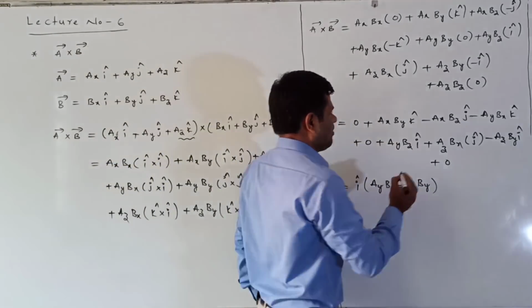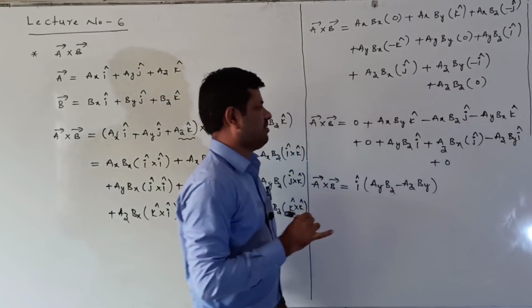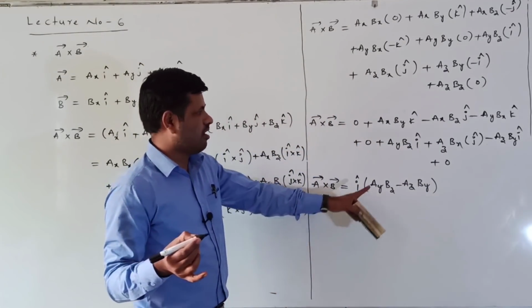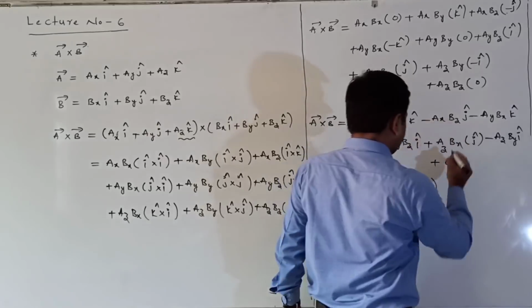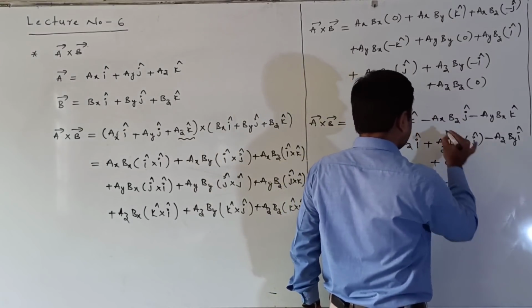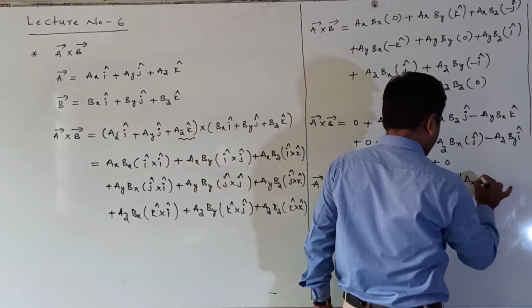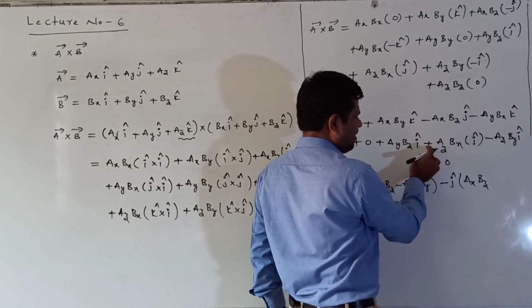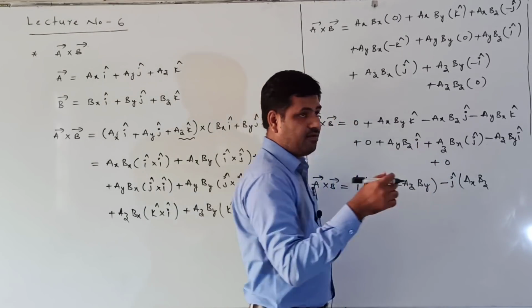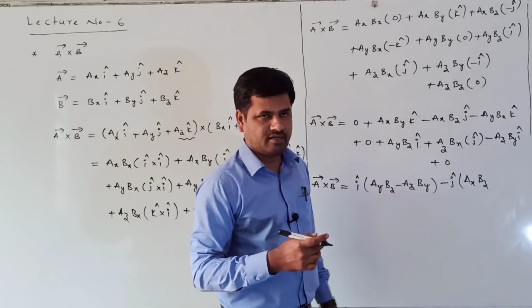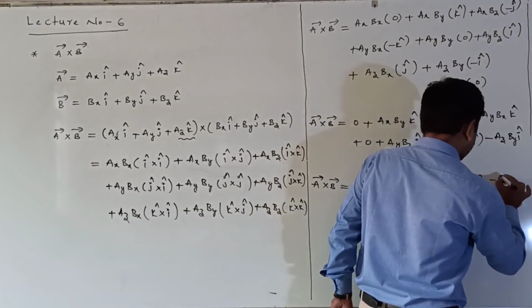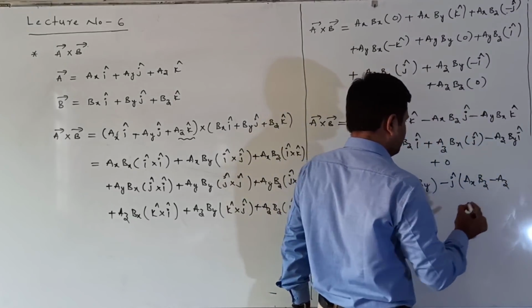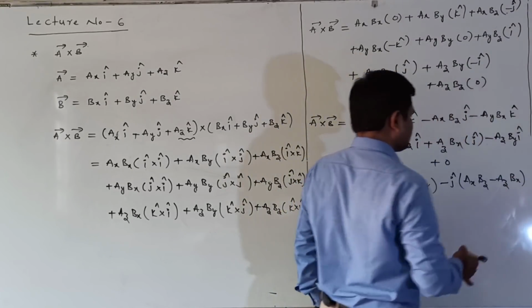Next the j cap term. I am taking the minus j cap outside. Here, ax bz minus, taking the minus common means here plus is there, so remaining is minus az bx.